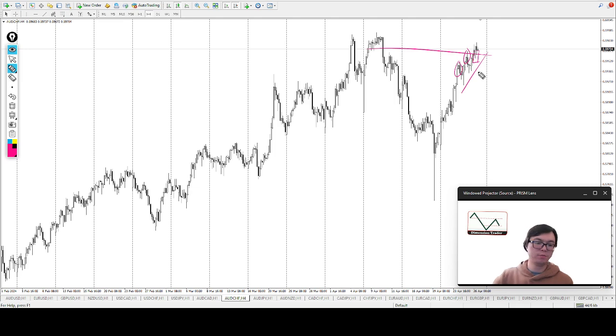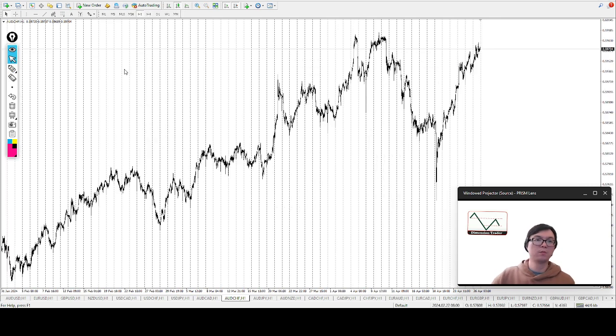Okay, at this point, Australian swiss does not have any obvious breakdown at the previous rejection where we have the dimension 1. This could be the resistance, this could be the resistance, but pricing is breaking up right here, touching the resistance up here.